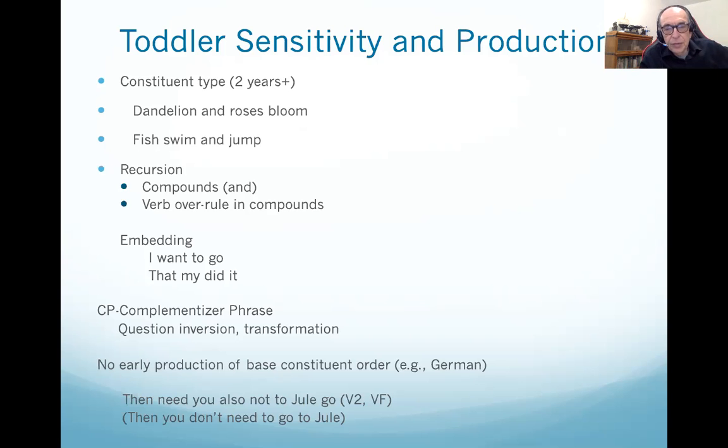You need you to go to Julie. So it's you and then need, SV, and then it's an infinitive. So you don't have the subject of "to go" pronounced. It's you. So it's still you need, you go, and then the complement is Julie or Jewel.